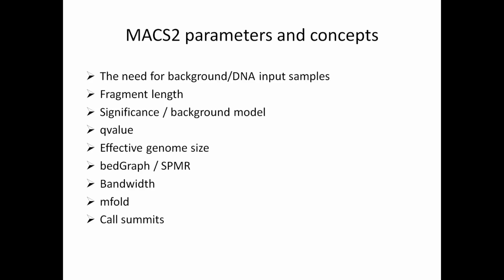The Call Summits setting allows the detection of subpeaks when you believe that there may be multiple binding events in one called region. This can often be seen as multiple peaks appearing in one candidate binding region. So setting this will give you potentially multiple peaks per binding region.